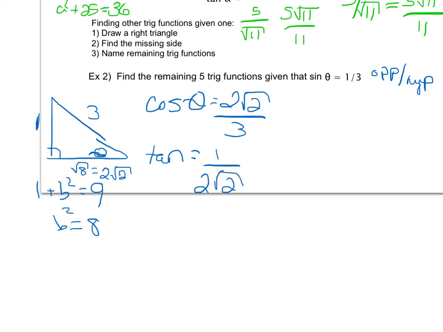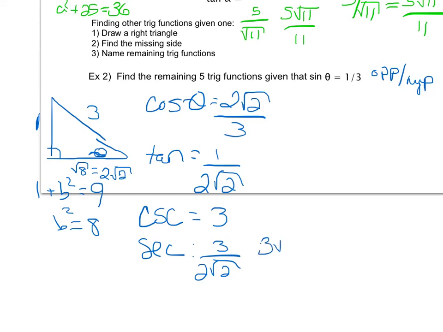And then I'm going to find cosecant, and for cosecant I'm just going to flip my sine function. Secant, I will flip my cosine function and have 3 over 2 radical 2. Multiply top and bottom by radical 2 and have 3 radical 2 over 4.